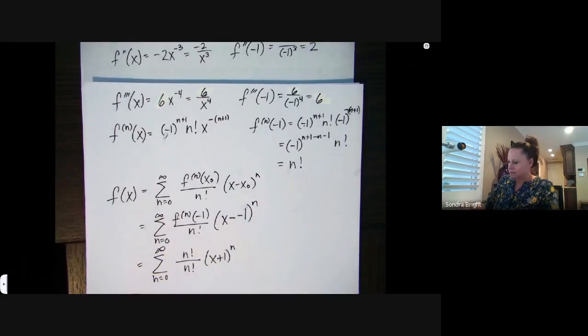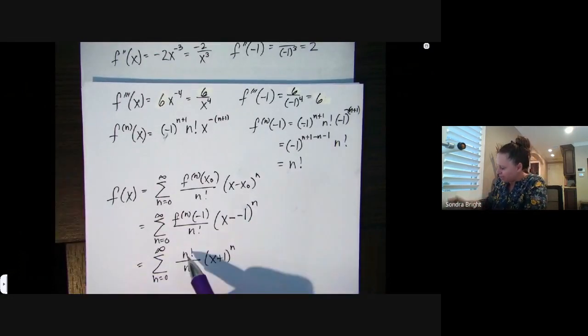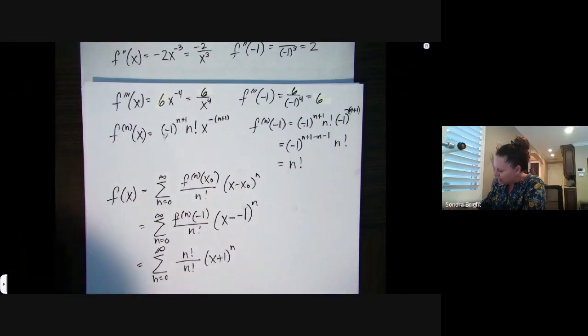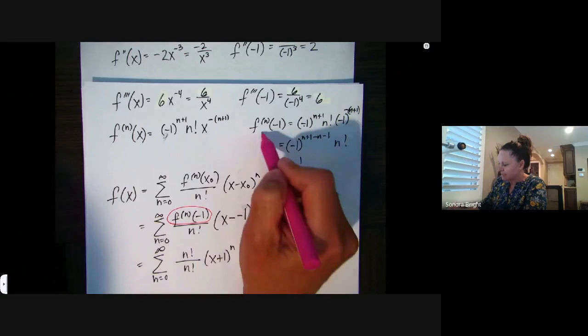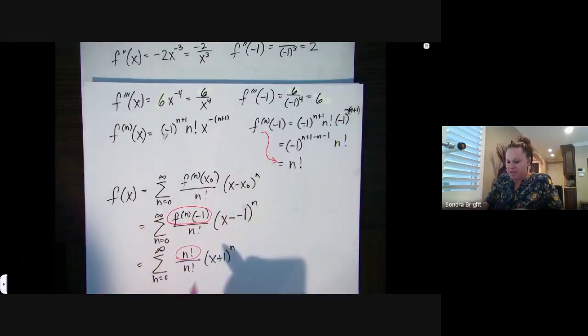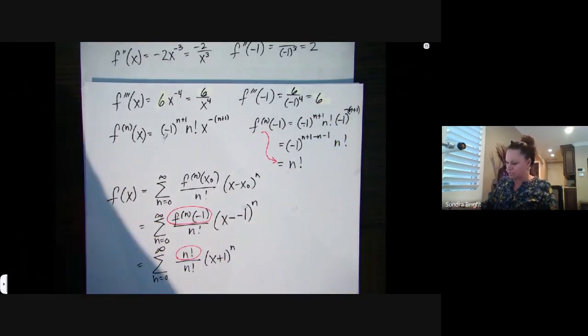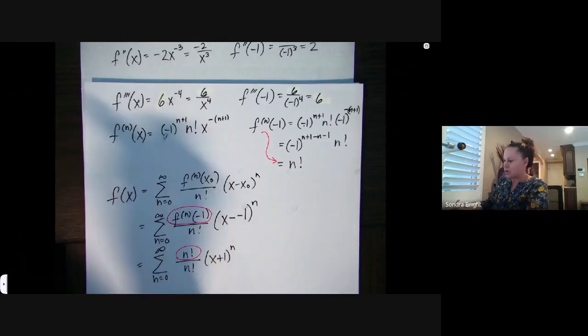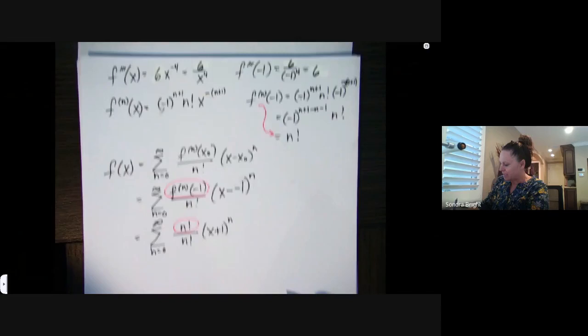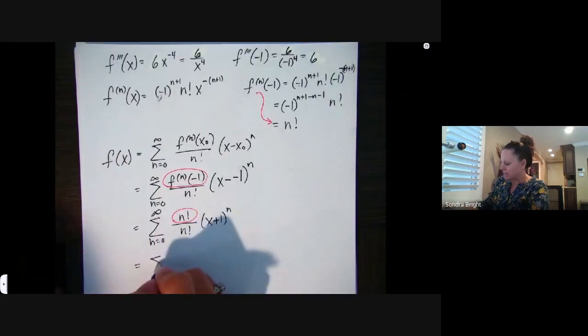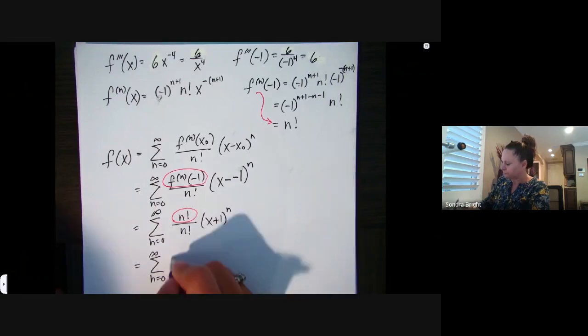But keep in mind, what I did here was replace this guy with n factorial, but then you're dividing by n factorial, so those guys just end up canceling, and so the Taylor series for this guy is n equals 0 to infinity of x plus 1 to the nth power.